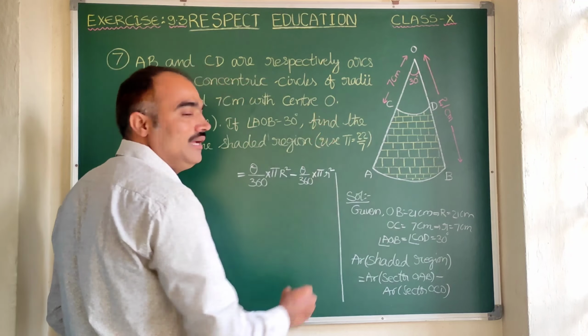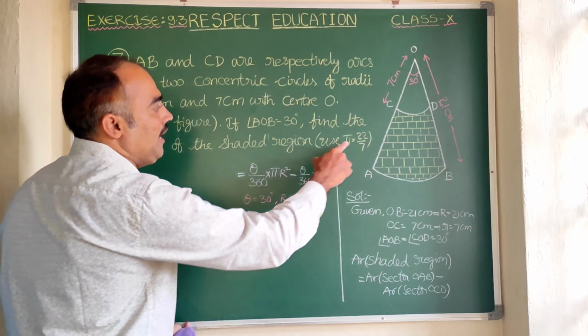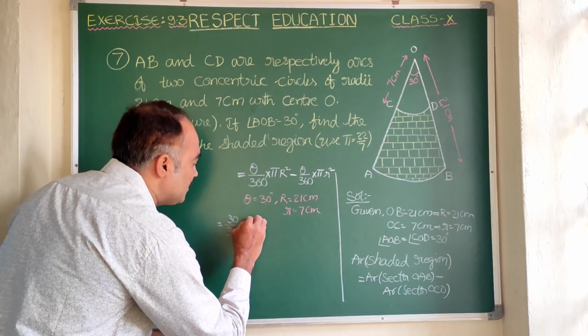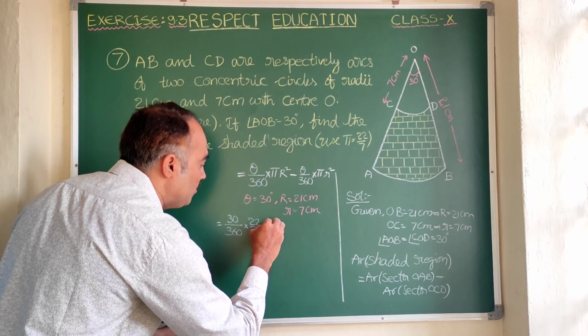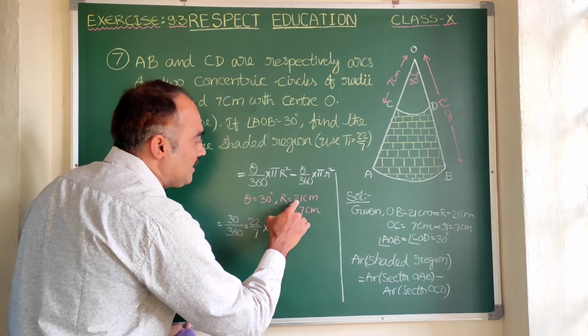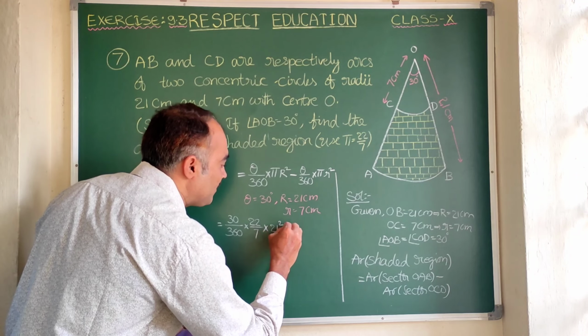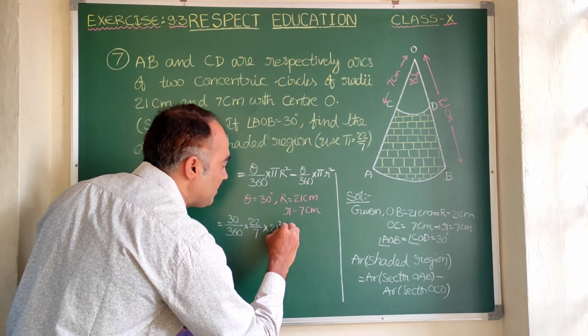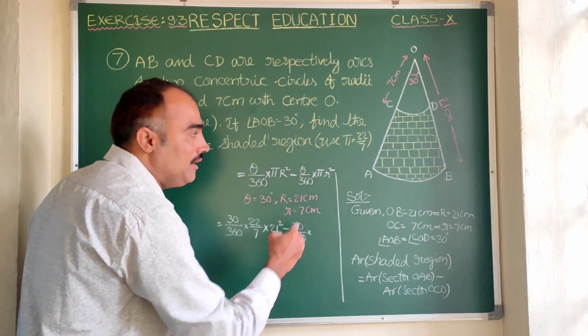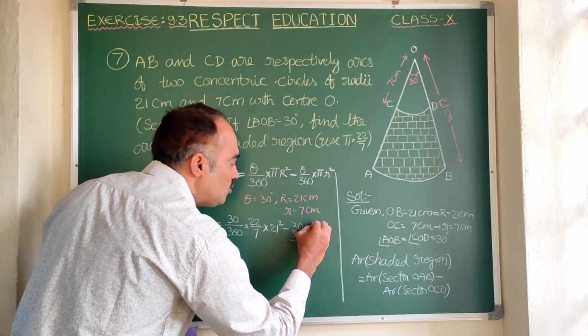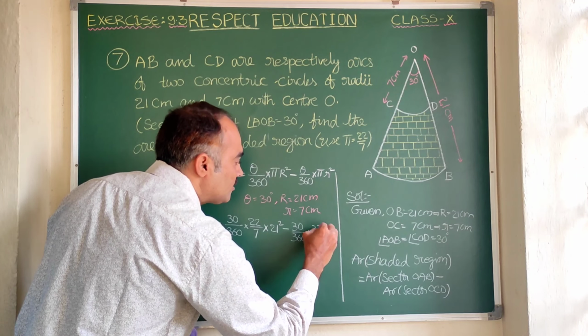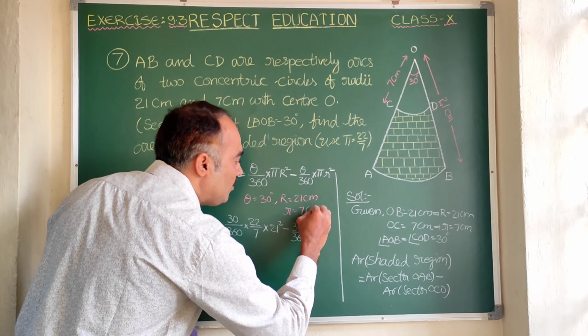Theta 30 by 360 into pi, pi can be taken as 22 by 7, into capital R square which is 21 square, minus the same 30 by 360 into pi, again 22 by 7, into small r square which is 7 square.